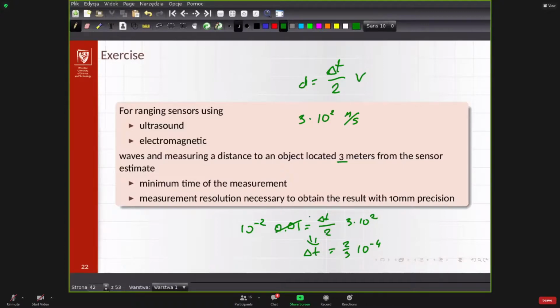Okay, and what will happen with electromagnetic measurements? The same questions, but what changes for electromagnetic, for laser ranging? That's the velocity. The velocity goes a few thousand times higher.